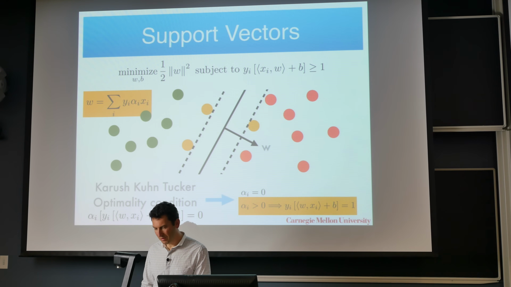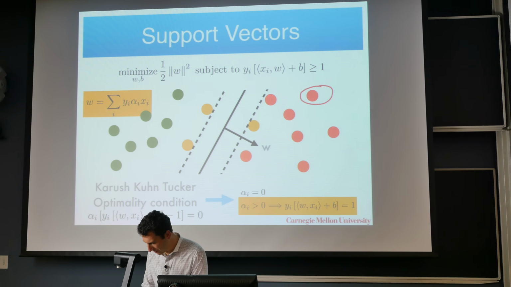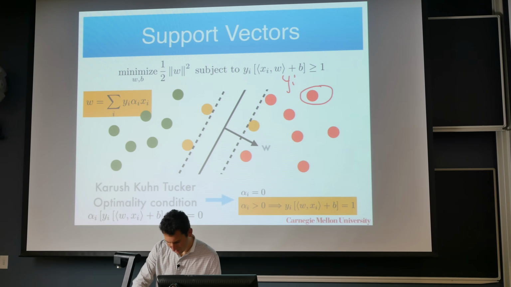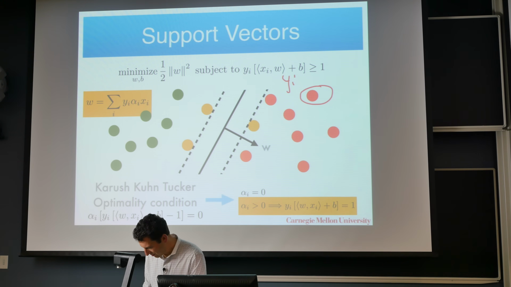Now, that can only occur in 3 different cases. One case is out here, right? If I have a point like this here, it basically means that the function here has to be greater than 0. So basically I have, obviously, yi times xi dot w plus b greater than 0.